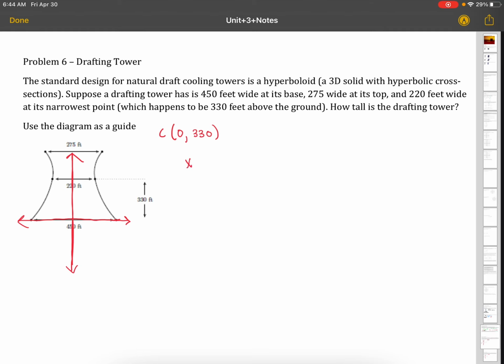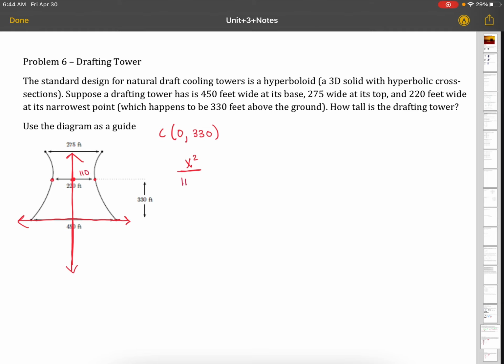So we're going to have x squared divided by a squared, where a is the distance from the center to the vertex points. If the entire thing is 220 feet in the middle, then the distance from here to here is 110 feet.